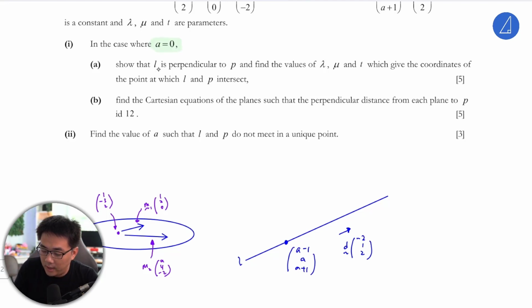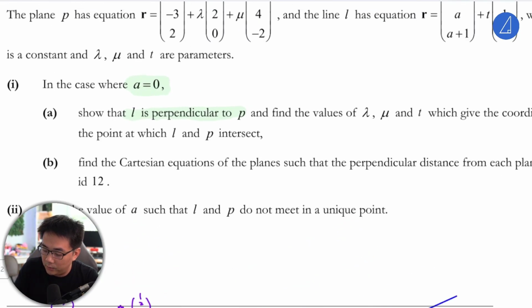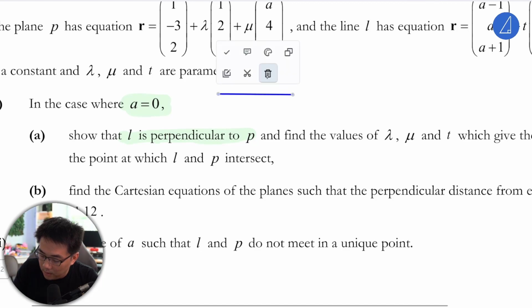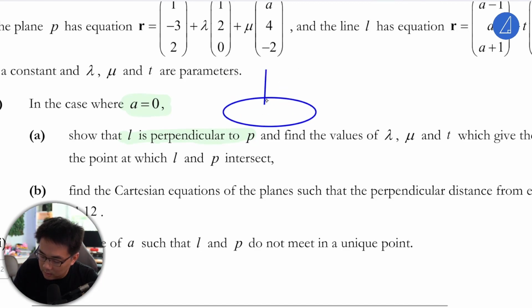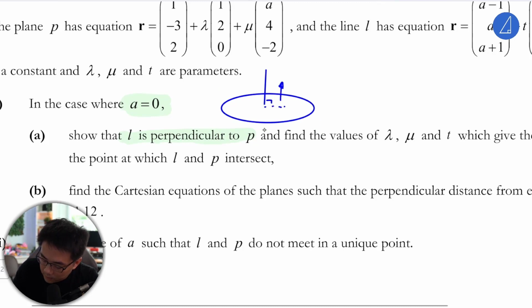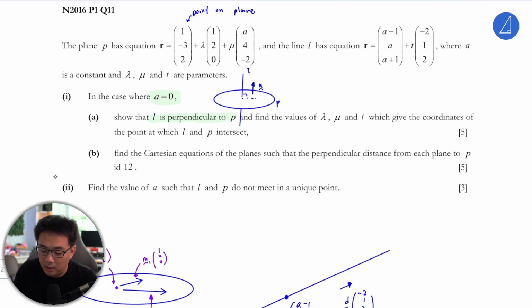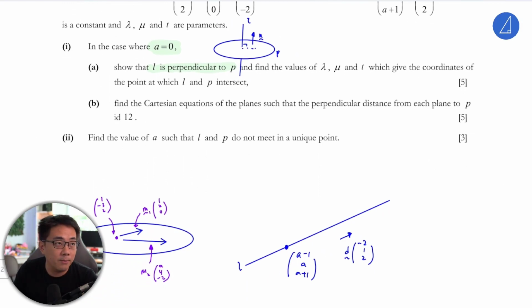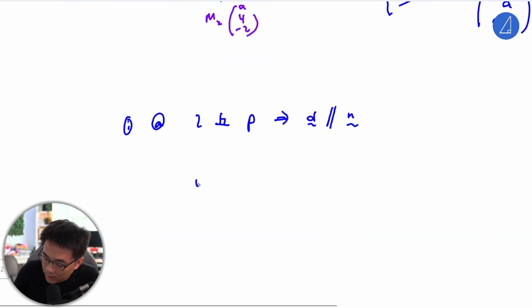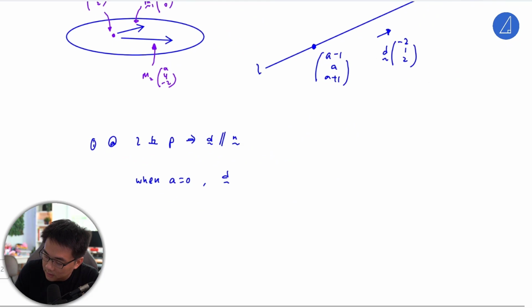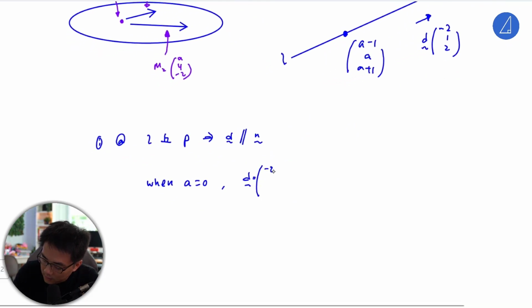For the first one, case a goes to 0. When a is 0, show that L is perpendicular to P. If L is perpendicular to P, essentially the direction of L will be parallel to the normal of the plane. This is L, this is P. So you need to show the direction of the line is parallel to the normal. The direction vector is (-2, 1, 2).